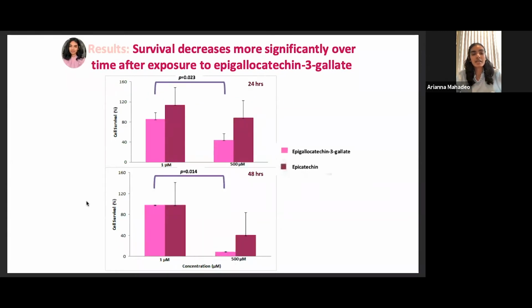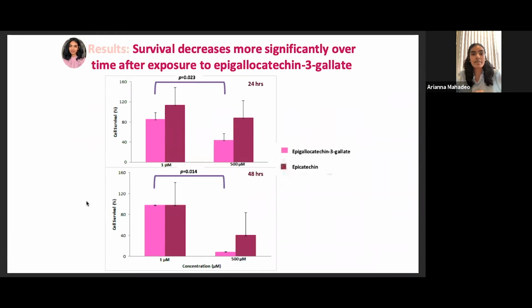I then compared the proliferation of cells at extreme concentrations, with 1 micromolar being a low concentration and 500 micromolars being a high concentration. A significant effect is observed when the cells were treated with 500 micromolars of Epigallocatechin 3 gallate compared to 1 micromolar.